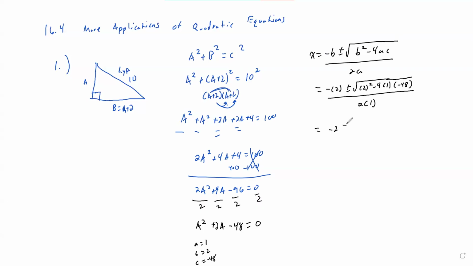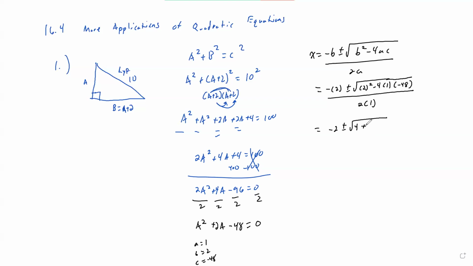That gives me negative 2 plus or minus the square root of 2 squared, which is 4. 4 times 1, which is 4. 4 times negative 48 will give me a plus. So that'd be 48, 96. 96 plus 96 would be almost 200 minus 8.